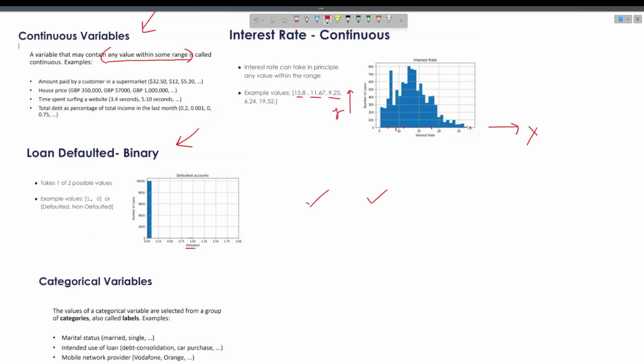That's it. Here you can see that if we consider 0 as non-defaulted, we have lots of people who are non-defaulted, and only a few people who are loan defaulted. So yeah, this is basically about knowing them.